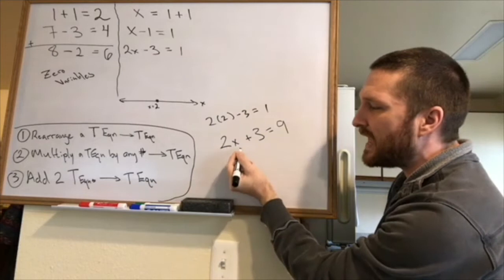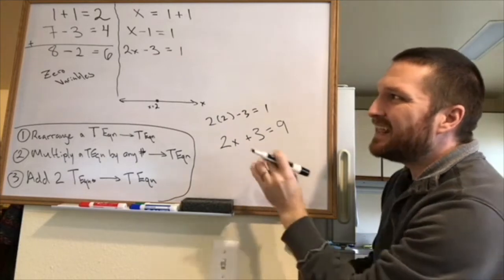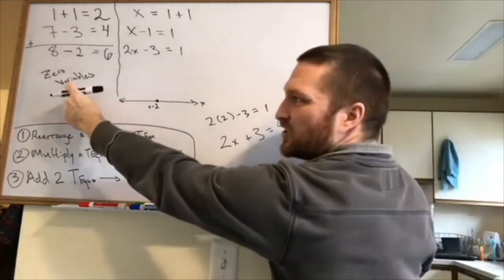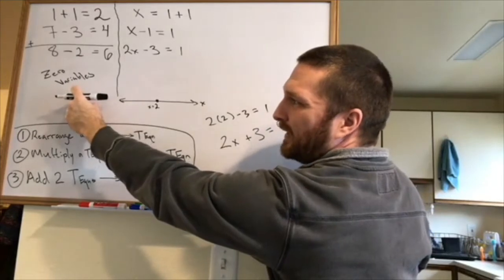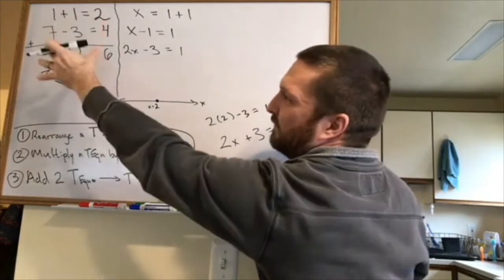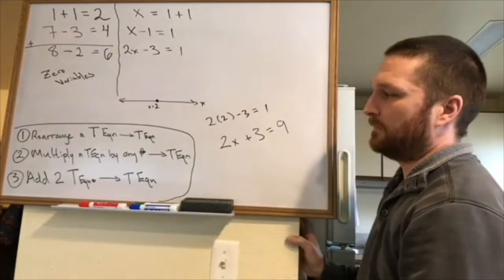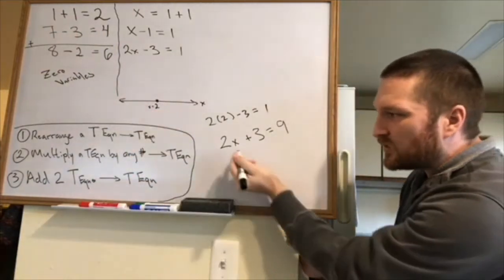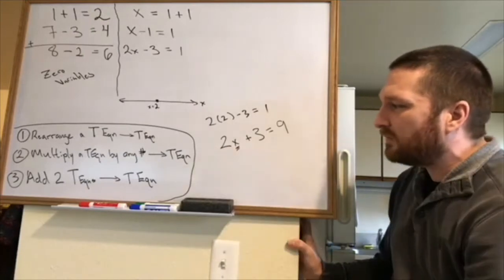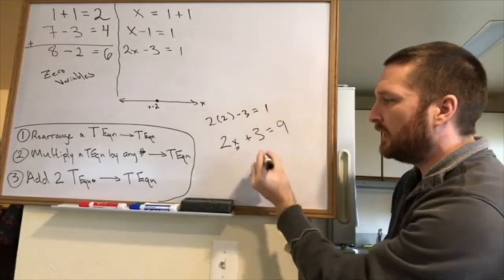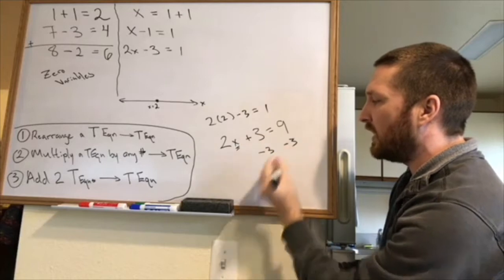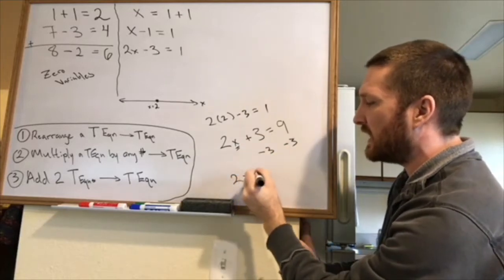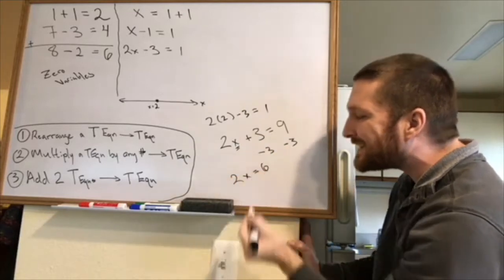In fact, the only x that's going to work, and again, just like this was trivial, there's no room for playing around with 0 variables. Either 4 equals 4 or it don't. Here with 1 variable, it's also kind of trivial because we can see there is only one value of x that works there. In particular, if I wanted to know what it was, I could just subtract 3 from both sides. I get 2x equals 6.